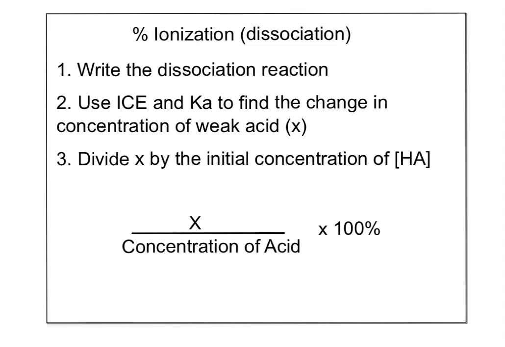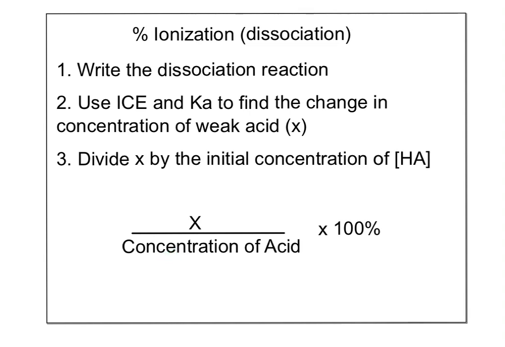So this is usually a follow-up question to the problems we've just done, so you're going to follow the same steps. Write the dissociation reaction, with the H plus popping off. Use ICE and Ka to find what X is, so you solve for X. Once you know what X is, you take that value, divide it by the initial concentration of the acid, and times it by 100.